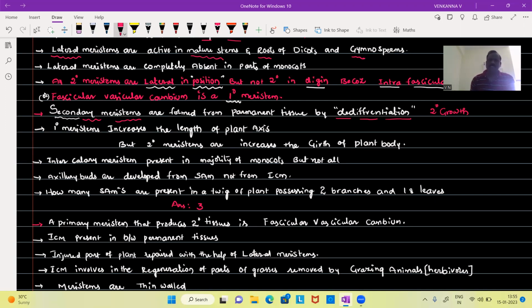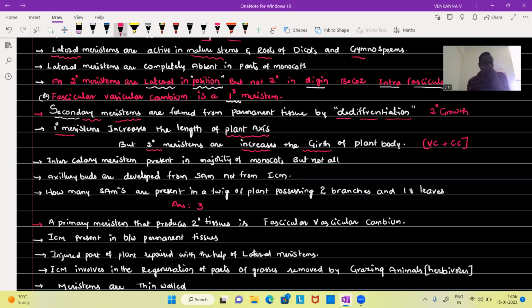Primary meristem increases the length of the plant axis. So does the plant axis increase in length by secondary meristem or primary meristem? Only primary meristem. But the increase in girth or width of the plant is by secondary meristems, mainly two different types: one is the vascular cambium and the second is the cork cambium.